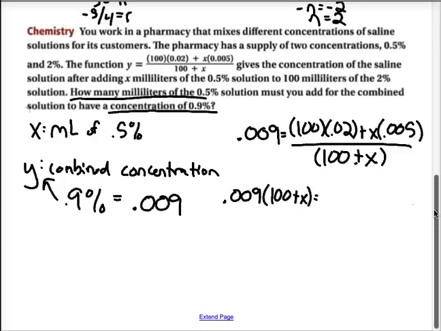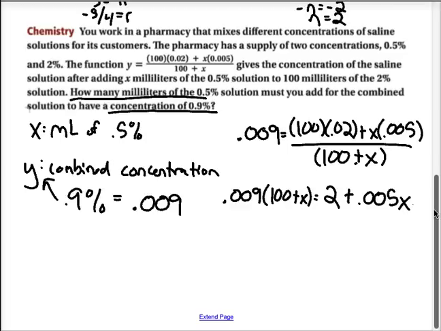I'm going to multiply both sides by it to get it out of my denominator. And then that 100 times 0.02, that's just a number. That's actually just 2. And then X times 0.005, we would more commonly write as 0.005X.